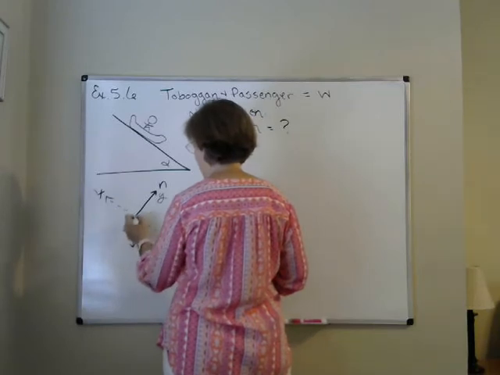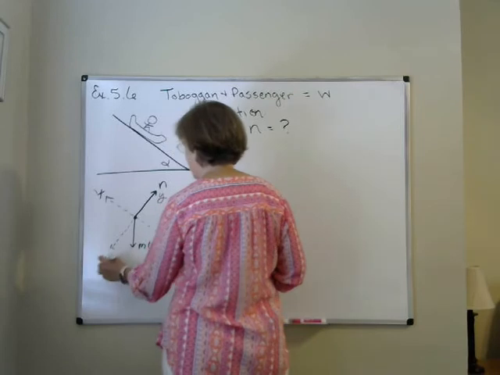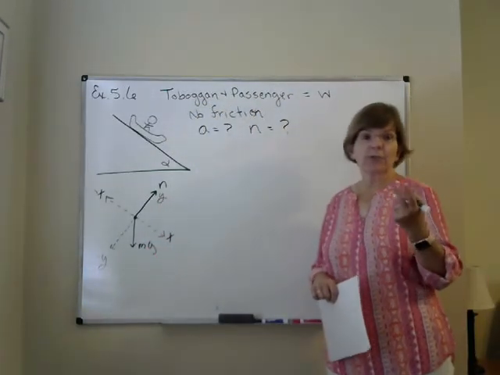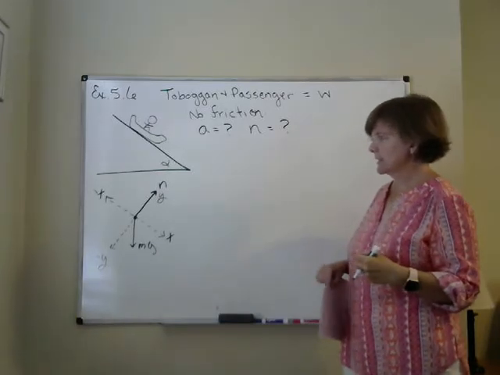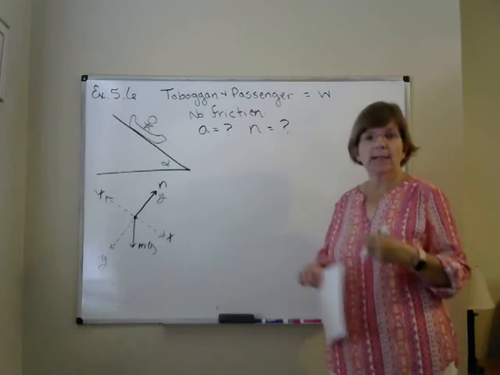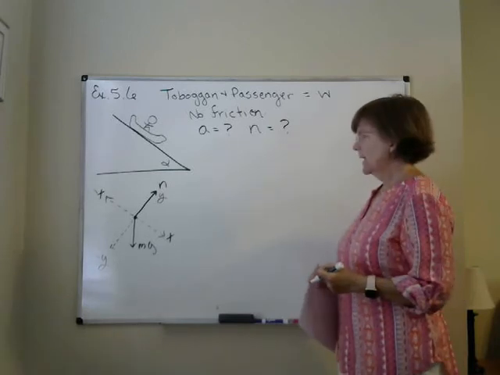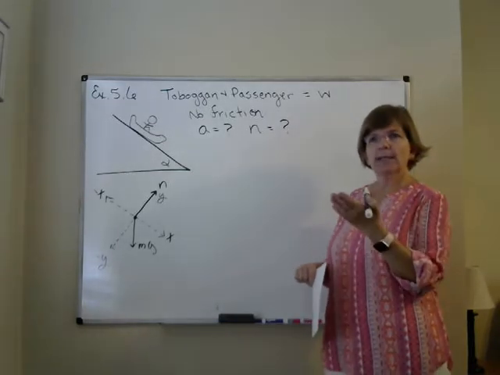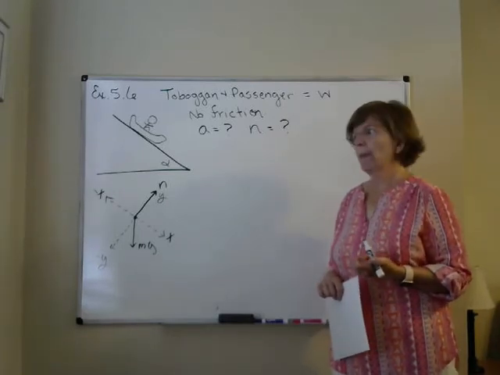This would be the negative y. So we can see we only have two forces. We've got gravity, which is actually what's going to cause it to accelerate down the ramp or down the hill. This is supposed to be an icy hill with no friction. And we have the normal force, which helps press back against the sled. It's a support force.